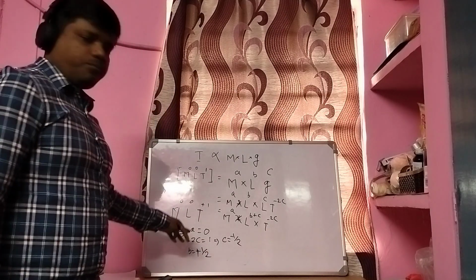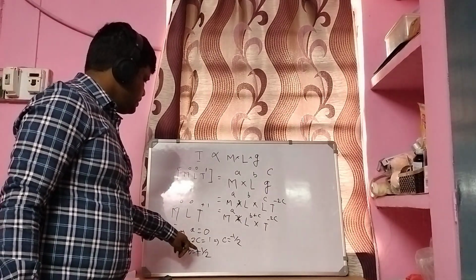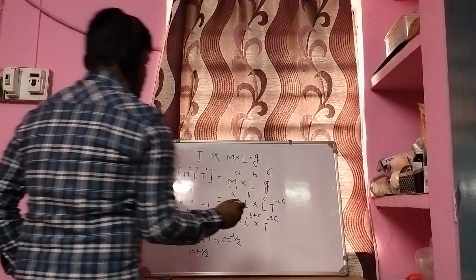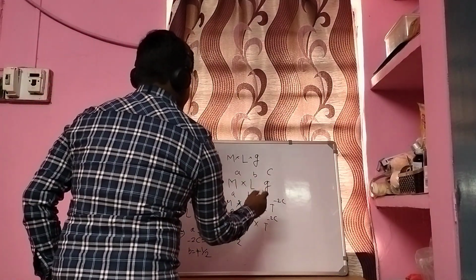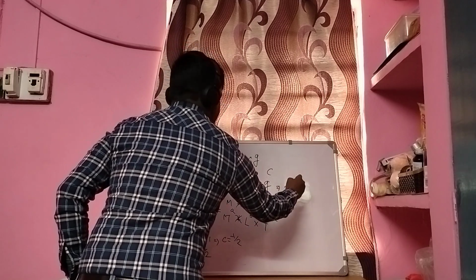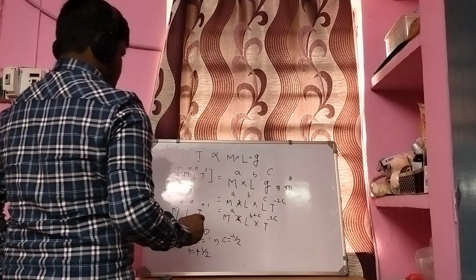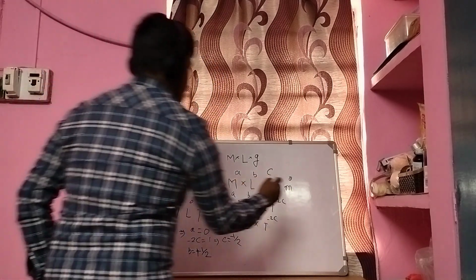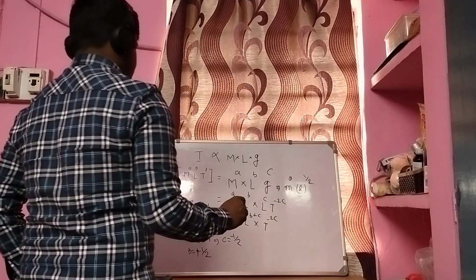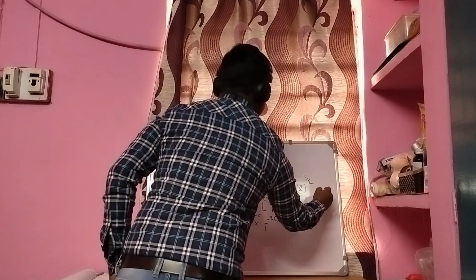So this way we have determined the powers of a, b, and c. So we can put in this formula: m to the power a is 0, l to the power b is half, and acceleration due to gravity to the power c is minus half.